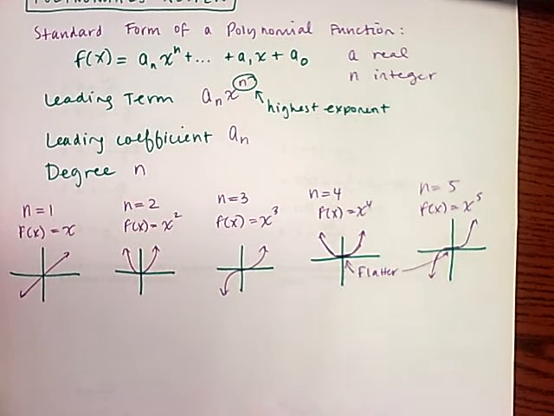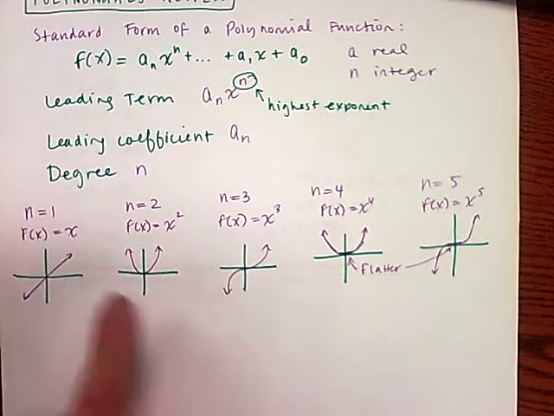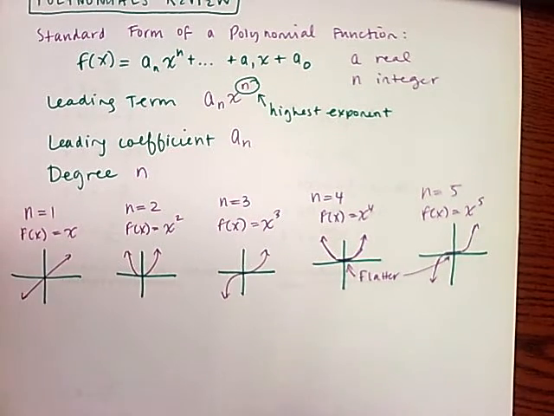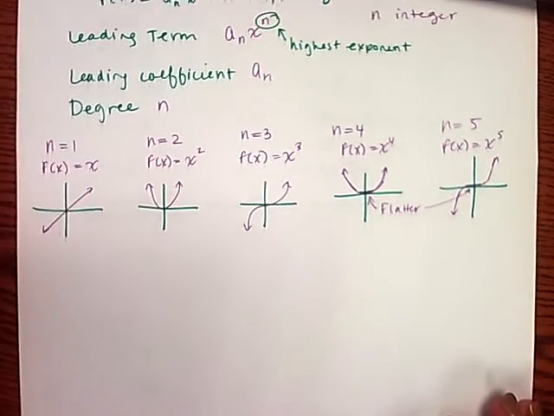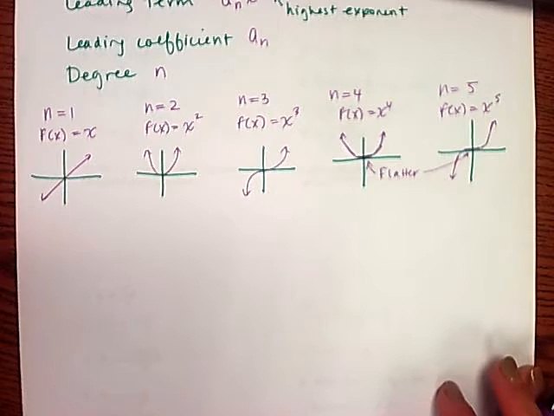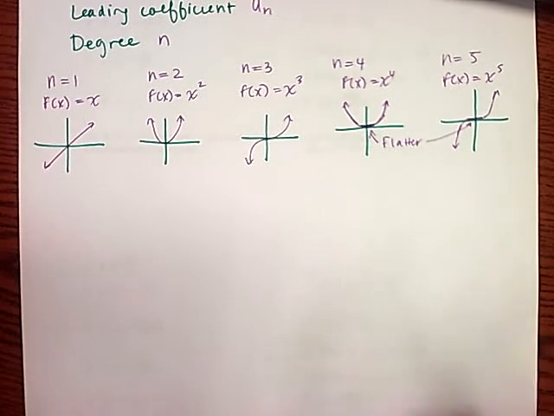And this has something to do with what we're going to call our end behavior. What's happening to our function as x is really, really negative or really, really positive. And this leads to the pattern that if n is odd or even, it's going to change our end behavior.